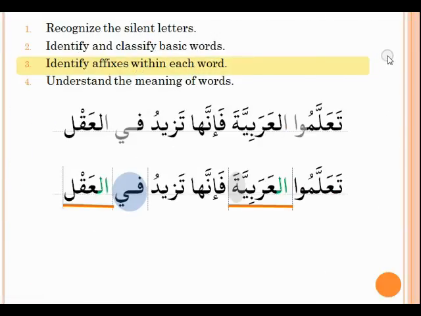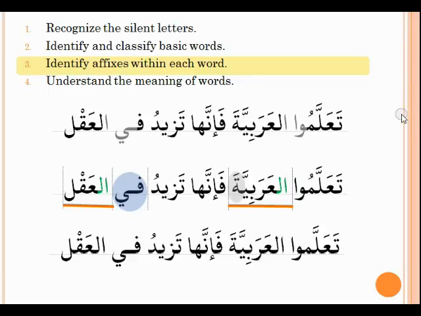Okay, let's look at the third process now, which is identifying the affixes. Once again, in تعلموا العربية, remember the codes are definite article in green, the prepositions in blue, pronouns in red. So you see here, remember that we have already identified these two nouns.